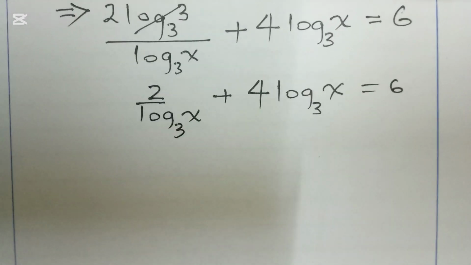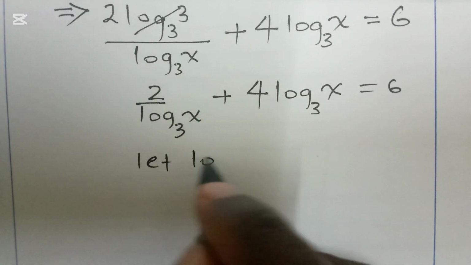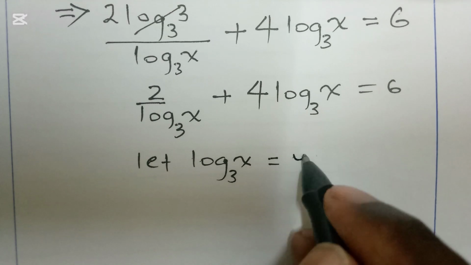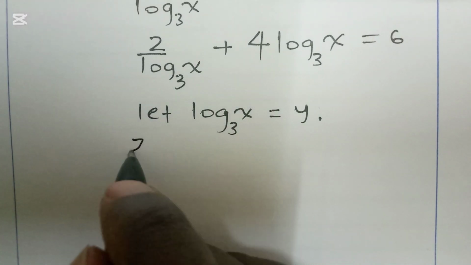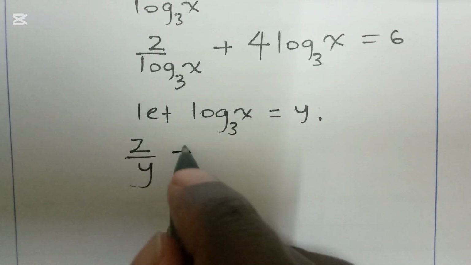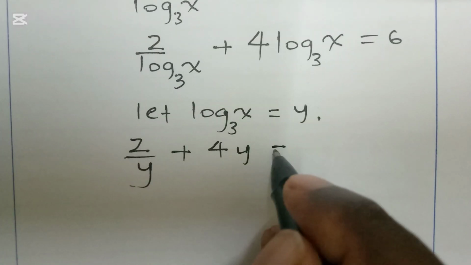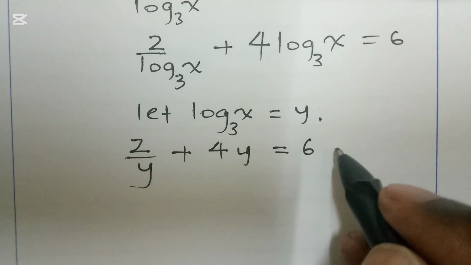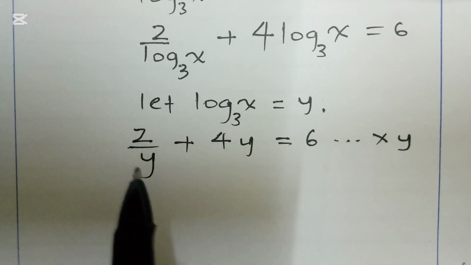So we can say let log to base 3 of x be equal to y. So we are going to have 2 all over y plus 4y equals 6. We can multiply by y throughout, to remove this reciprocal.